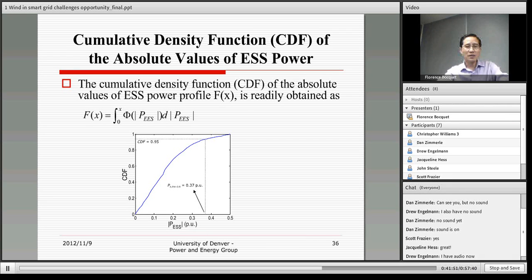And then we say we want to use batteries to accommodate up to 0.37 per unit of the fluctuation, and this will take care of about 95% of those fluctuations. The leftover, like 5% of fluctuation, which happens at high power, we will use supercapacitor to take care of.